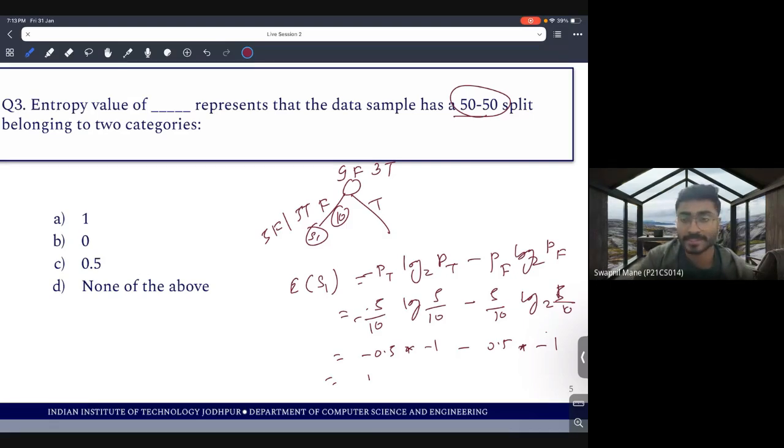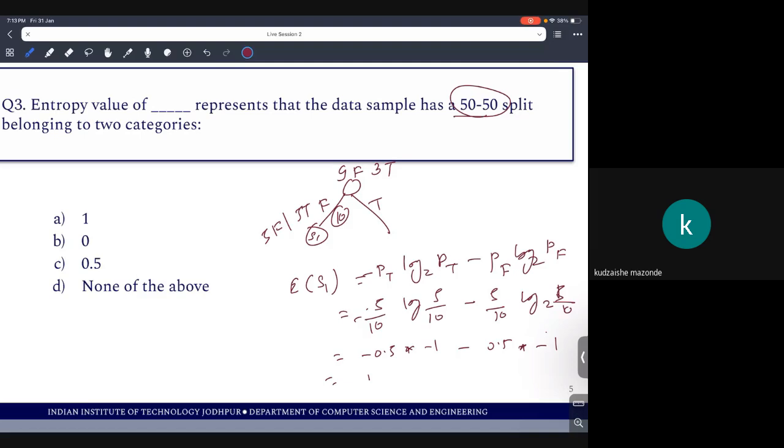Yes, I hope you guys understood. The entropy you will get is 1, right? Please calculate it. 5 divided by 10 is 0.5, and log base 2 of 0.5 is minus 1, right? Yes.